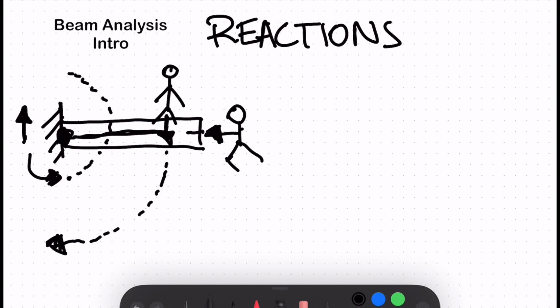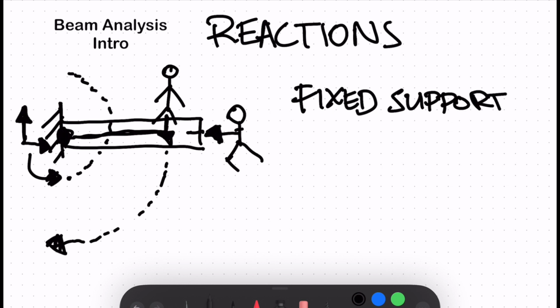Because there's a wall here, we're going to have a force pushing back, equal to how much he's pushing. So for a fixed support, we're going to have three reactions: a reaction in the Y, a reaction in the horizontal, and a moment, right? So we're going to have these three conditions.